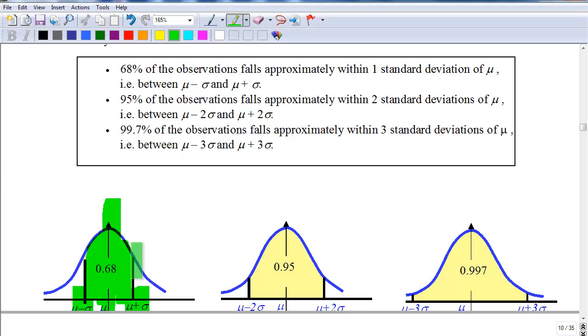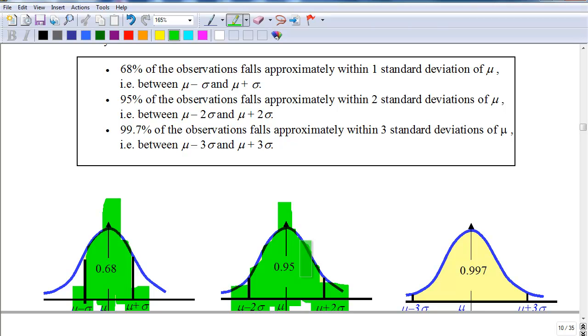What this also means is the probability of x between mu minus sigma and mu plus sigma is 0.68. Similarly, if I mark out mu plus 2 sigma and mu minus 2 sigma, the area under the graph is 95% of the total area, which in other words means that the probability of x between mu minus 2 sigma and mu plus 2 sigma is 0.95.